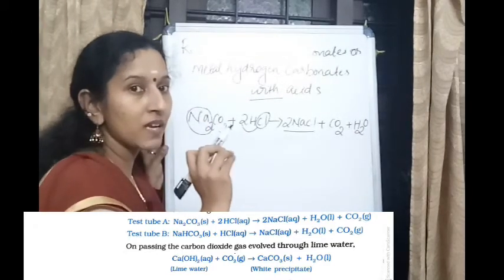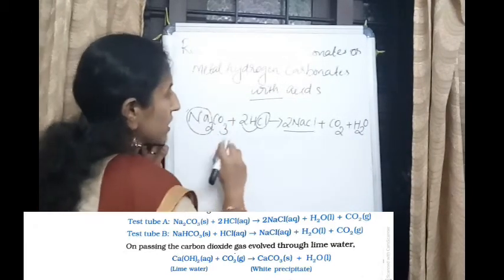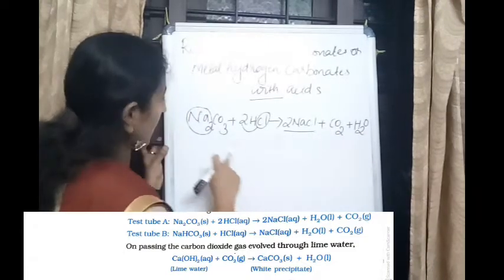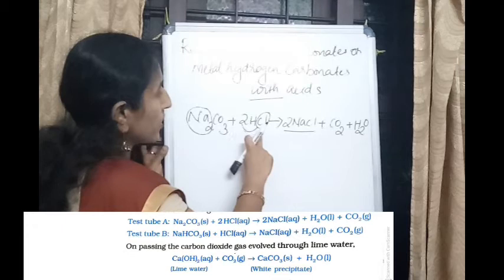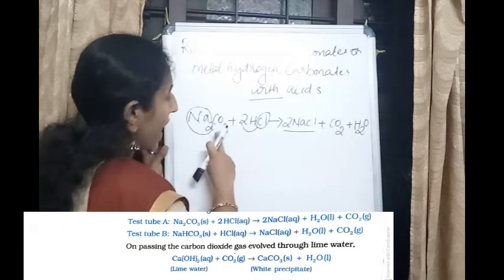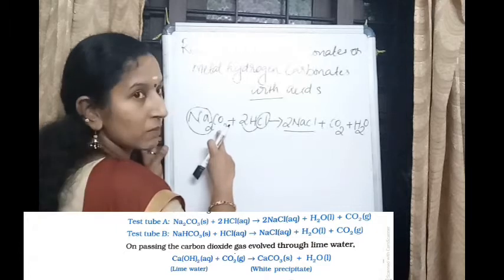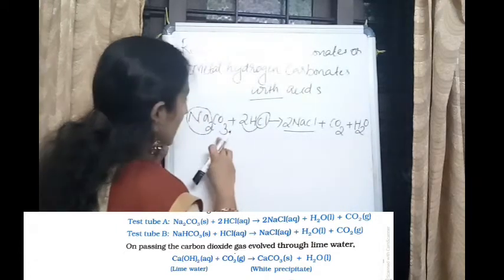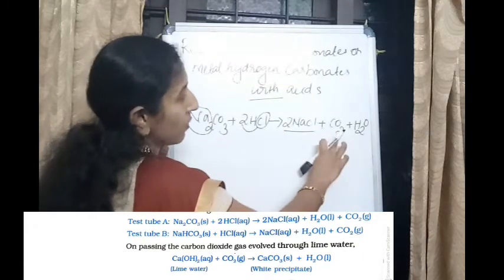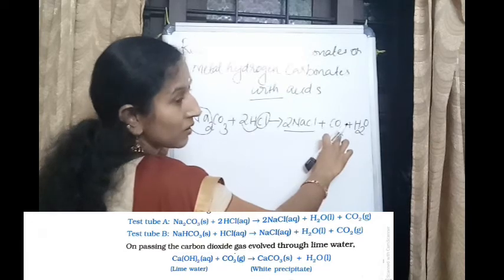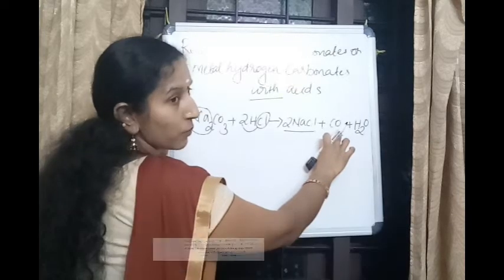So 1 oxygen is in excess there. That oxygen and this hydrogen together form water. Sodium and chlorine together form sodium chloride, and the 2 hydrogen and the third oxygen from the CO3 join together to form water, and carbon dioxide remains and evolves as the third product.